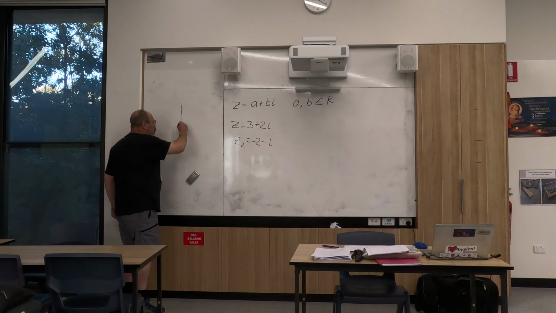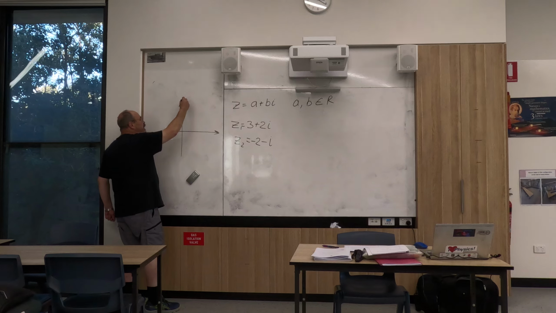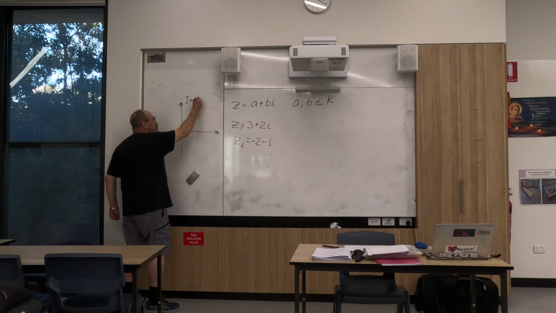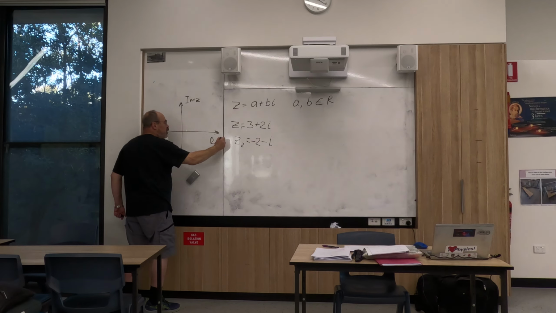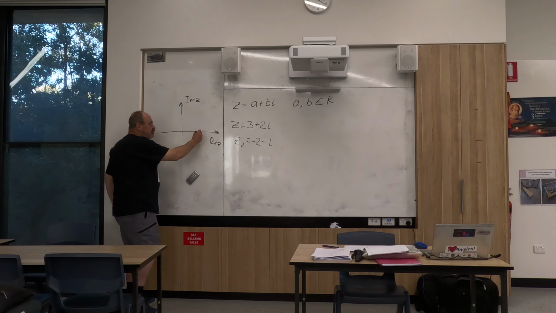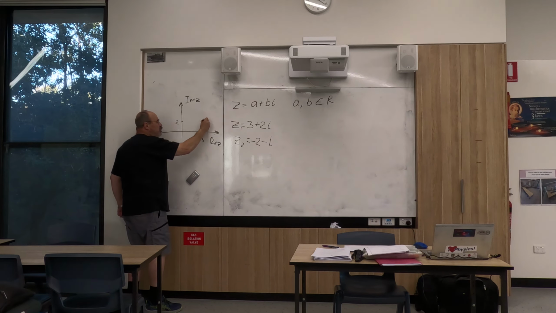Effectively, they are two-dimensional numbers. Because if you look at the Cartesian plane, this axis will be the imaginary part of z, and this is the real part of z. So how do we represent the number 3 plus 2i here? 3, 2, and that point will be 3 plus 2i.